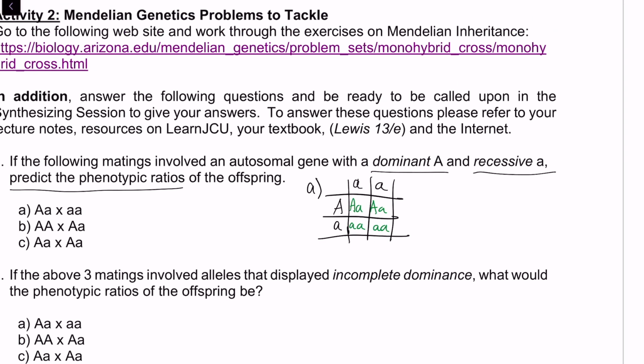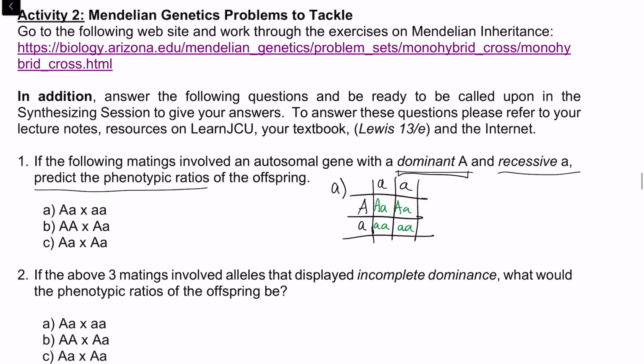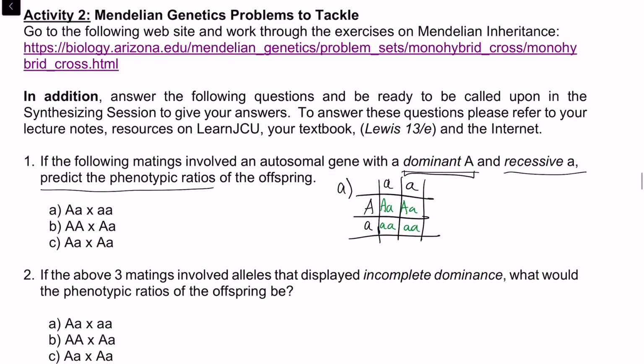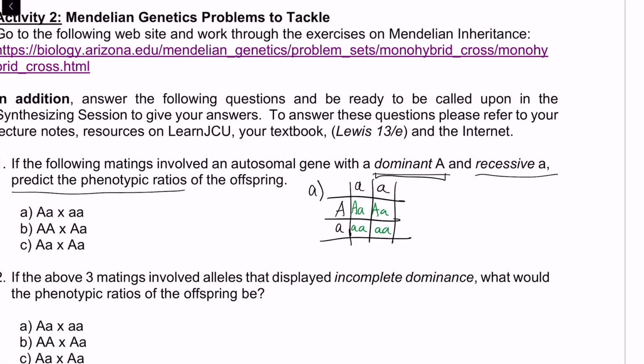And because the capital A is dominant, the phenotypes of capital A and lowercase a are just going to be the dominant phenotype. And the double recessive alleles are going to be the recessive phenotype.